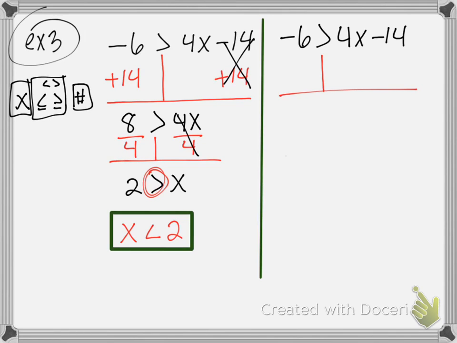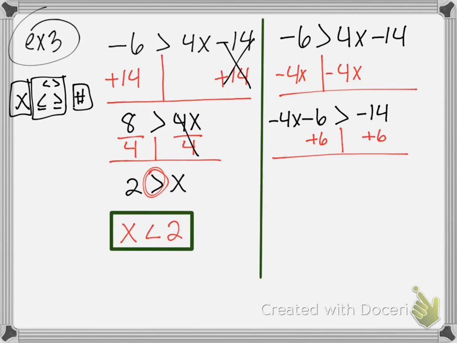So we can subtract 4x, and so that means here we have negative 4x minus 6 is greater than negative 14. And then we can do the rest the way we are used to do it. So we would add 6. Right, so that's negative 4x.